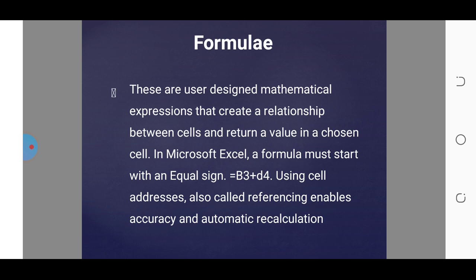We use cell addresses in a spreadsheet because they help with automatic recalculation and accuracy. So you will get a result that is accurate, and in case you change any number in a given column or row, it will bring out the recalculation automatically.